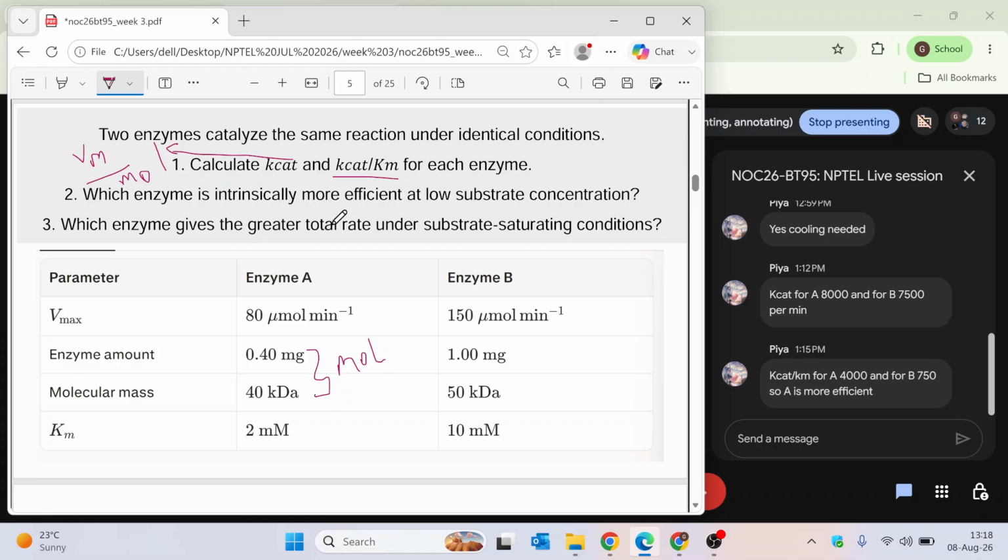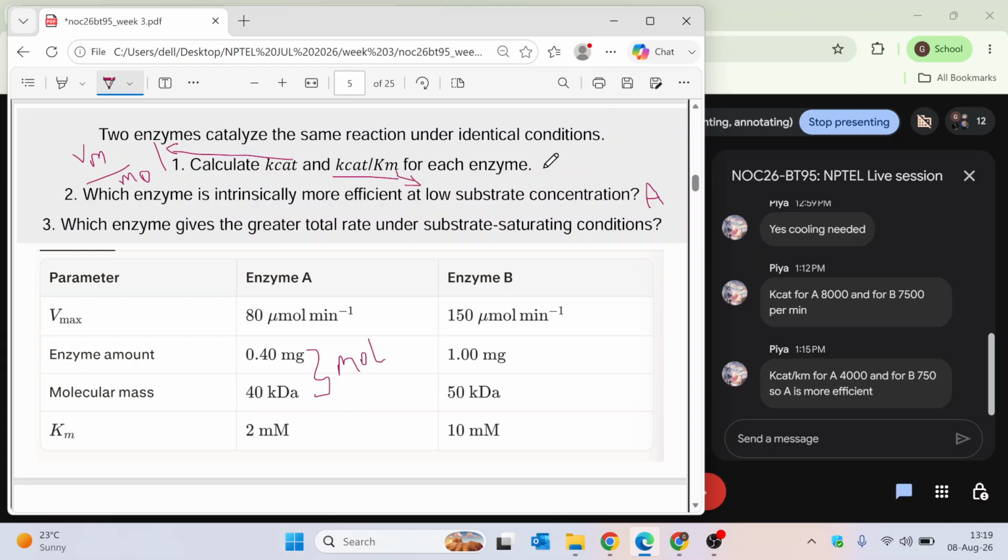So at low substrate concentration, the factor that determines this is your kcat by km ratio. A has a greater kcat by km ratio, which is nearly 5 times higher. So A is more efficient than B at low substrate concentration, because at low substrate concentration you compare your kcat by km value, and your km is in the denominator, which is the affinity factor, which tells you about the affinity.